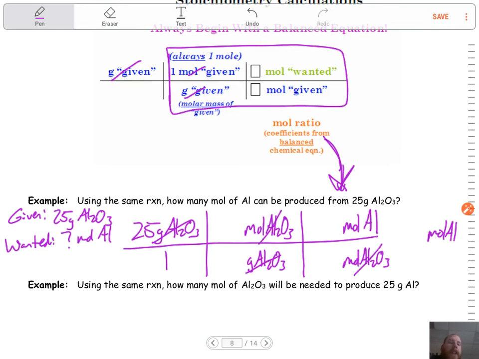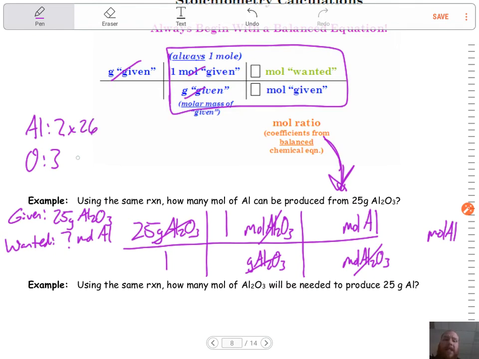So now I've got to go back and figure out my numbers. Well, take it fraction by fraction. Okay, this middle fraction, let's think, moles and grams. So 1 mole is always with that, and the grams I'm going to get from my molar mass. Well, this one you're going to have to do a little bit more work for. Okay, so I have aluminum, I've got 2 of those, I've got oxygen, I've got 3 of those, multiplied by their molar masses.